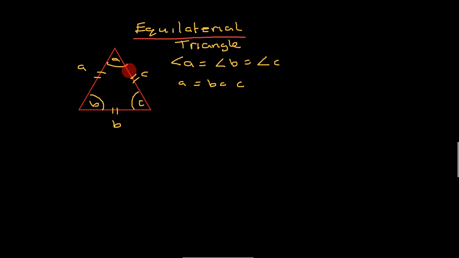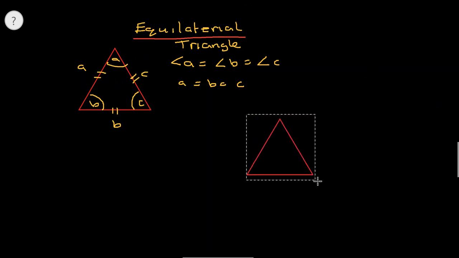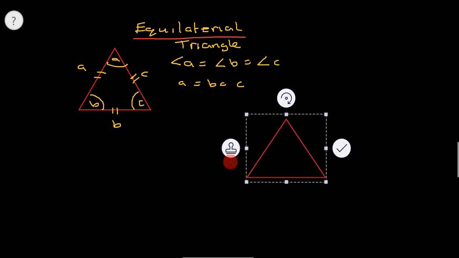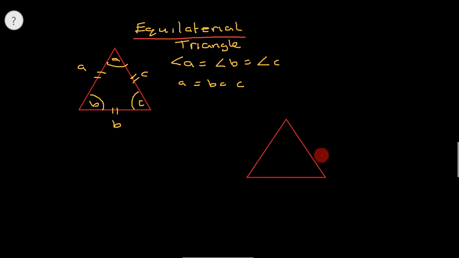Okay, so how might we do that? So how might we go about doing that? So what we can do is, we can use 3 lines to draw one of these guys, okay? So let's just do that. So that's one equilateral triangle, and that's 3 of our lines used up. Now what we can do then is use 2 more lines.